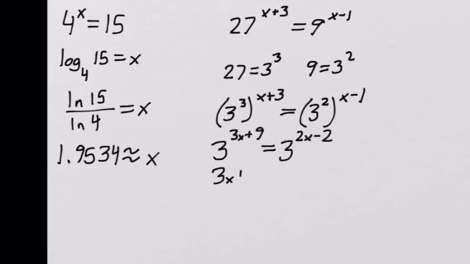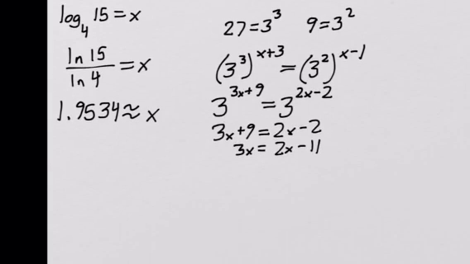So 3x plus 9 equals 2x minus 2. Go ahead and subtract 9 from both sides. And then subtract 2x from both sides, and I get x equals negative 11.